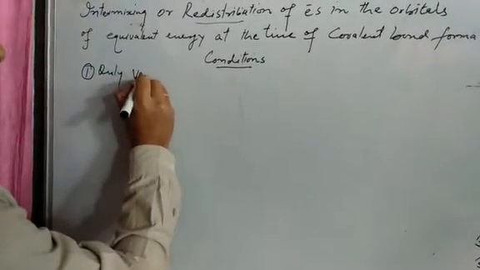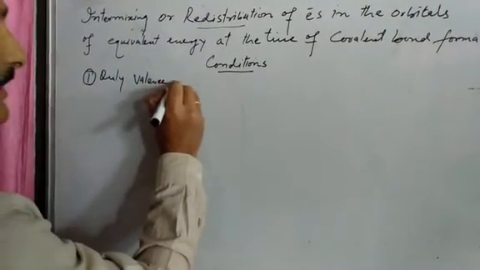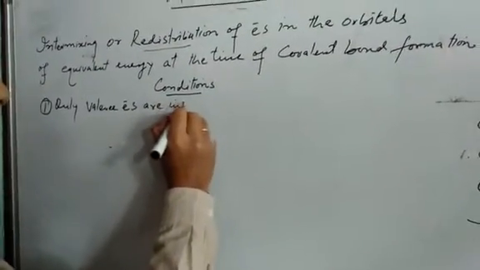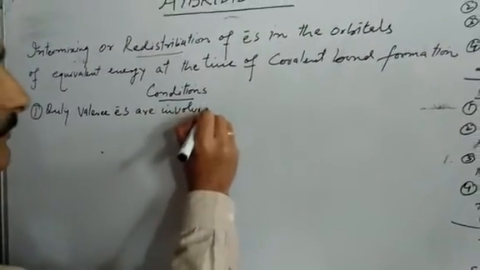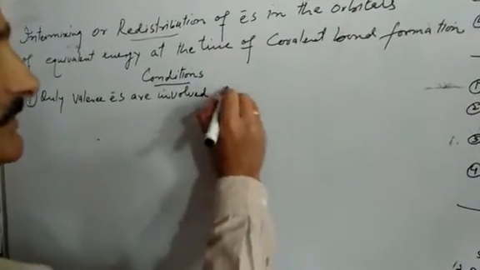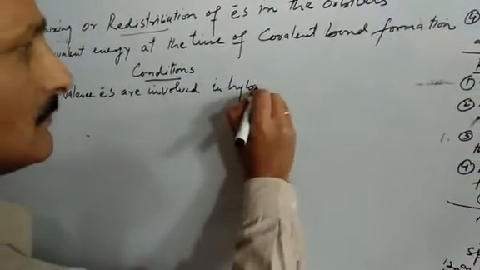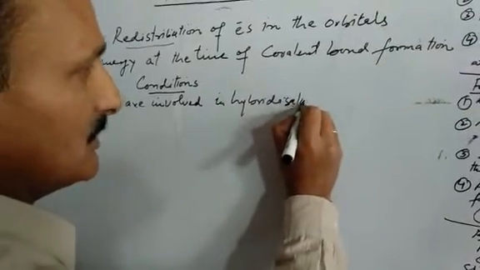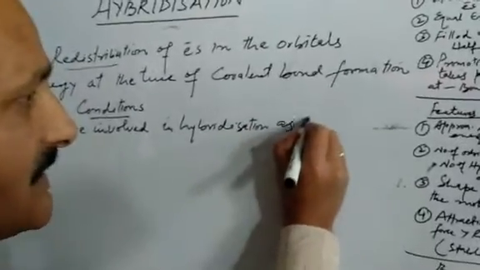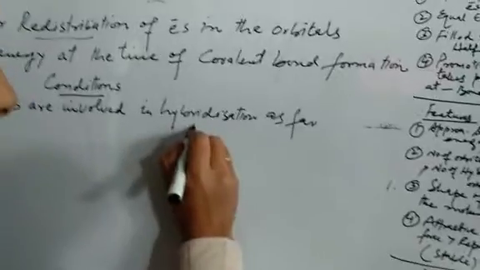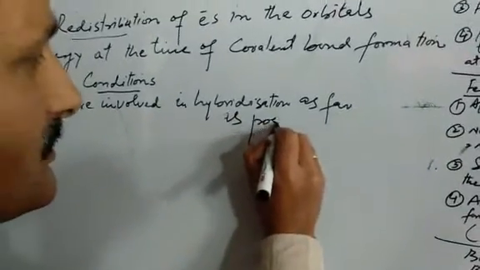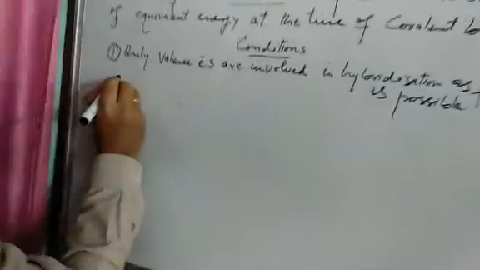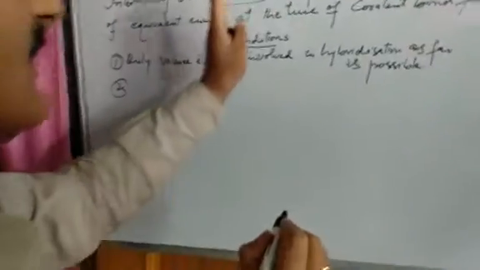Only valence electrons are involved in hybridization. As far as possible, only valence electrons get involved in hybridization. This is one of the conditions.